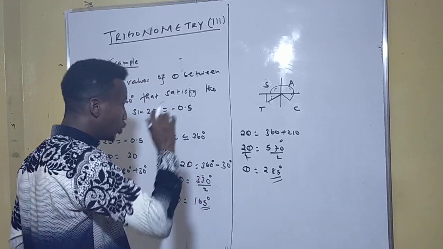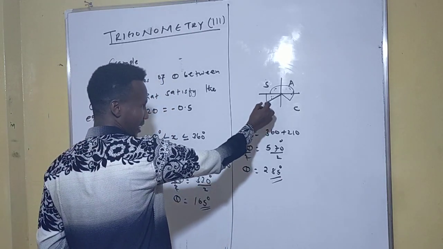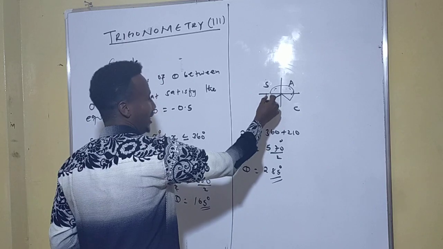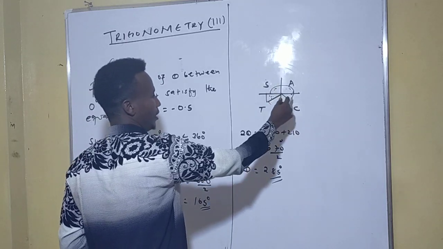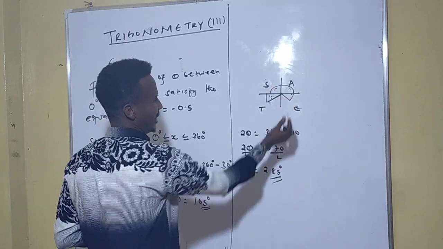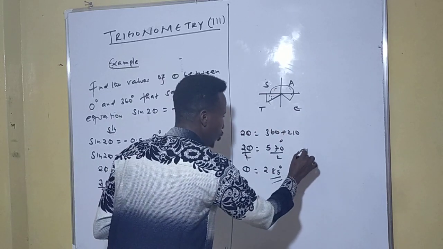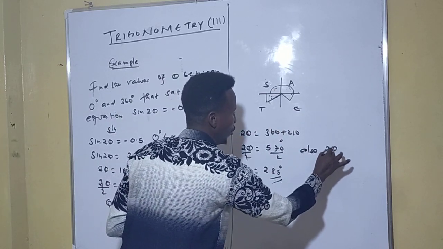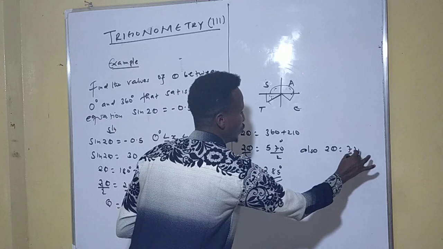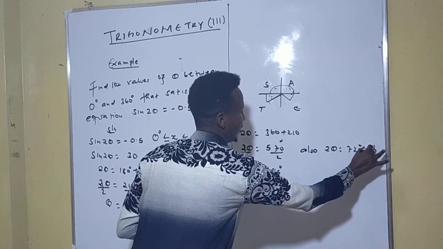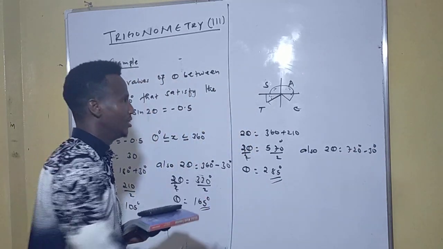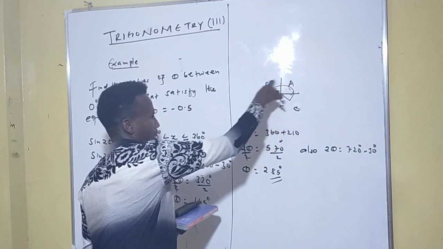Okay. Also, remember we are at this point, yeah? A complete rotation plus 210. Then you can say 2 complete rotations, that will be 720. Less that now. Also, you can say 2 theta is equal to 720 minus that. Do you know where I'm getting this 720? A complete 360, another complete 360.